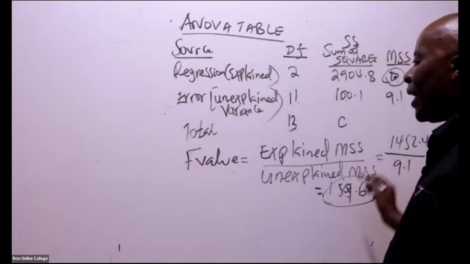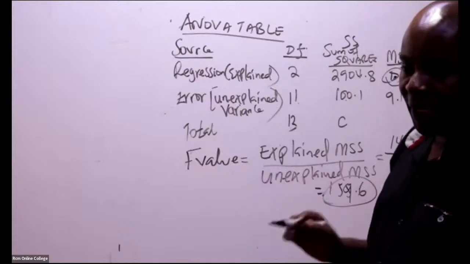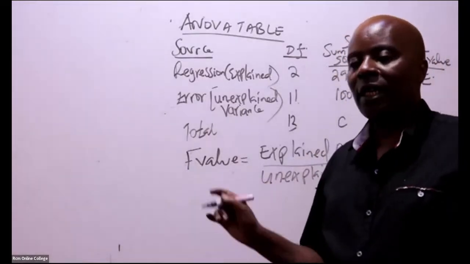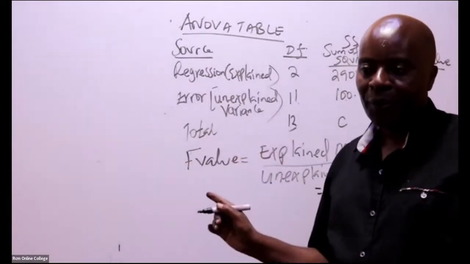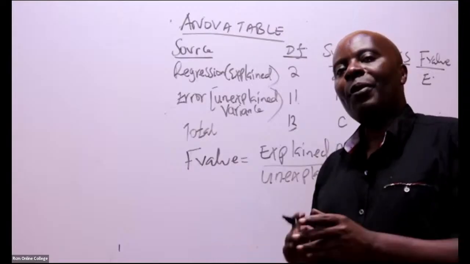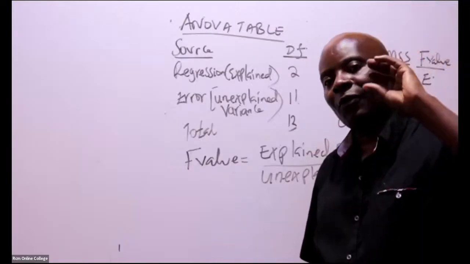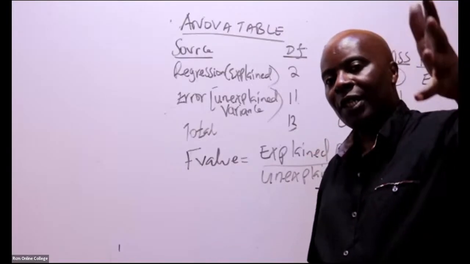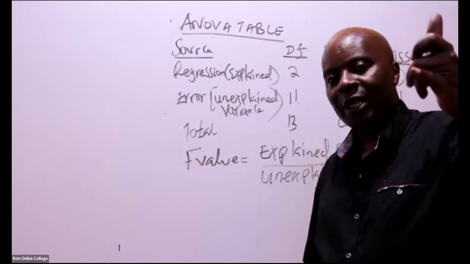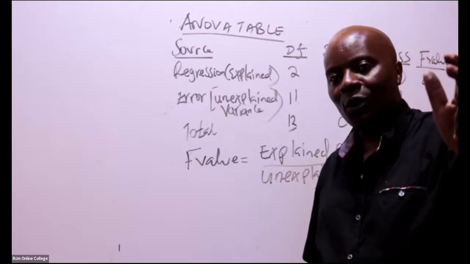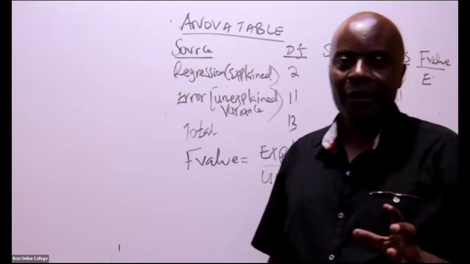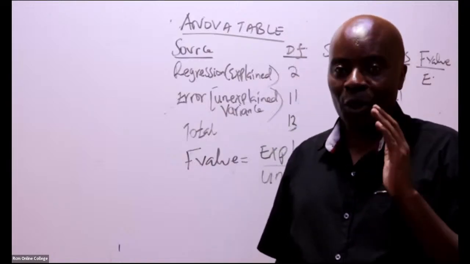Very good. The higher it is, the better the predictor. But I would want to take these few minutes to explain what this stands for. When you do a regression equation for purpose of forecasting, for example, with two people fighting for presidency, Uhuru Kenyatta and Raila Odinga, someone does a regression equation for prediction.